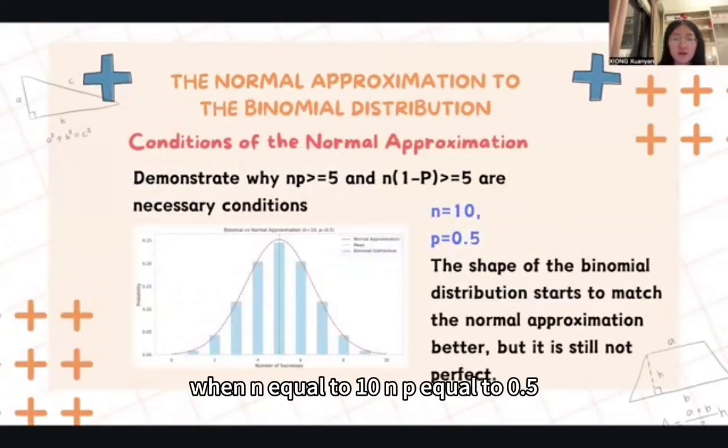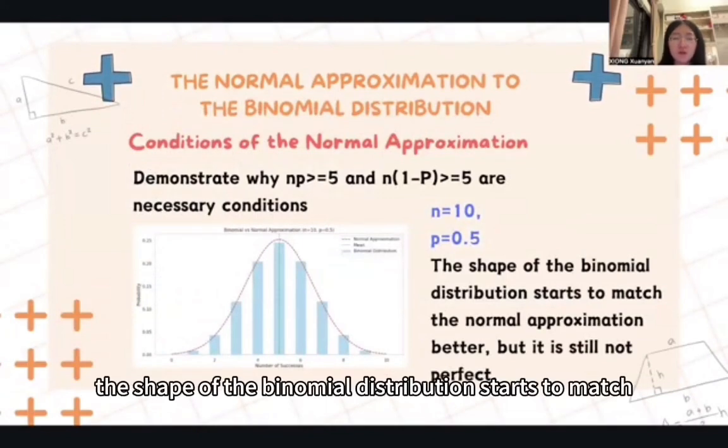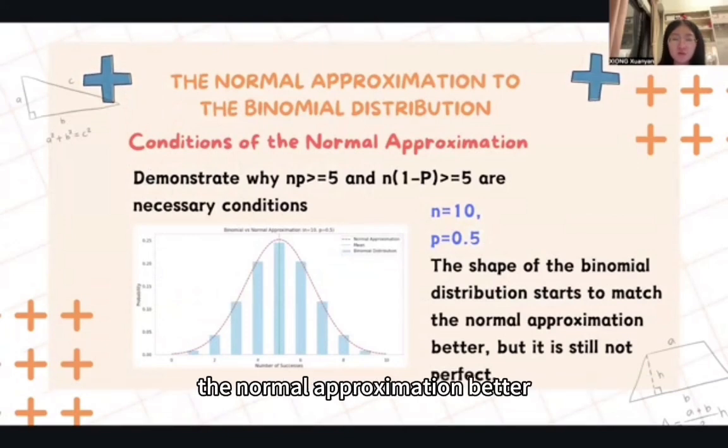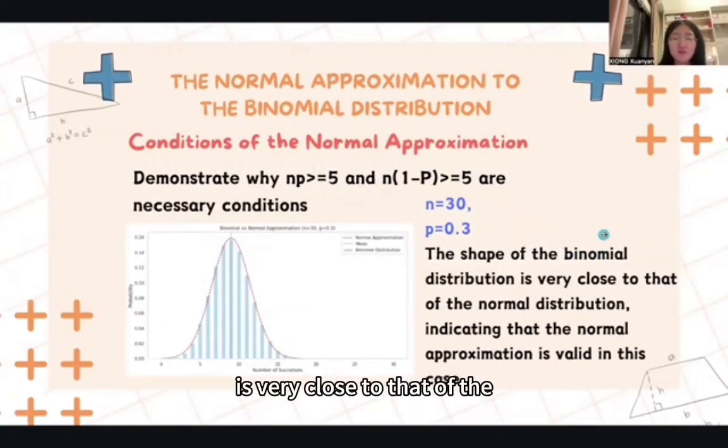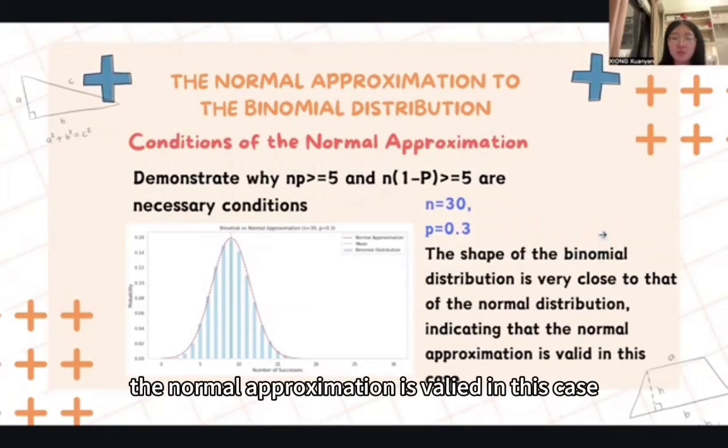When n equals 10 and p equals 0.5, the shape of the binomial distribution starts to match the normal approximation better, but it is still not perfect. When n equals 30 and p equals 0.3, the shape of the binomial distribution is very close to that of the normal distribution, indicating that the normal approximation is valid in this case.